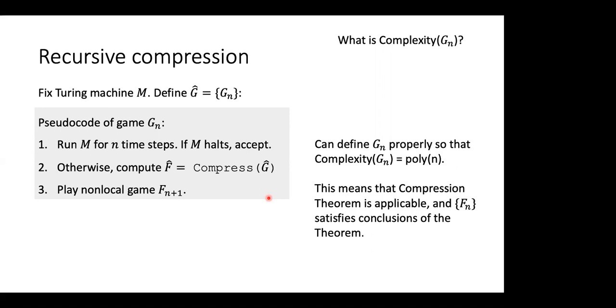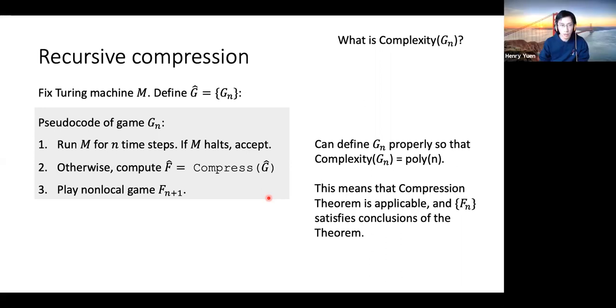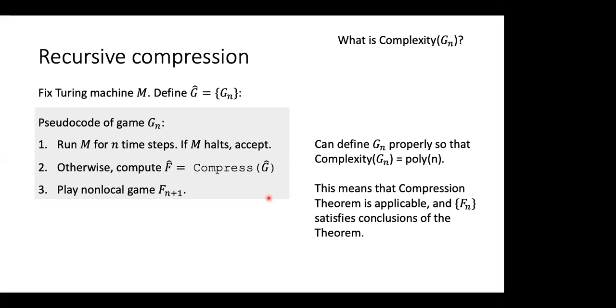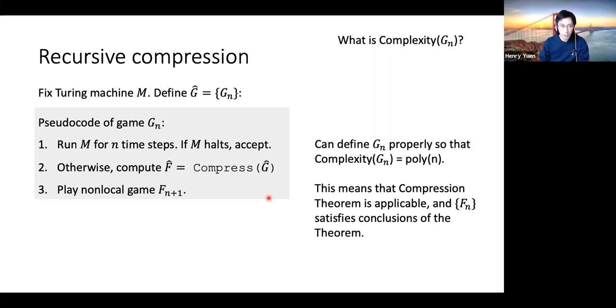I'm trying to understand where the polylog is used. So is that used in saying that G hat is allowed to compress itself? Yes, that's pretty much right.